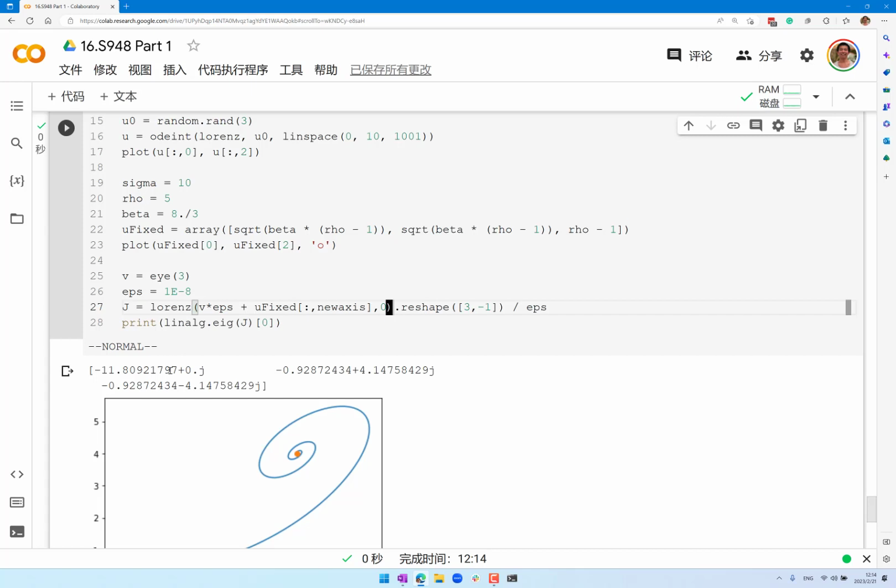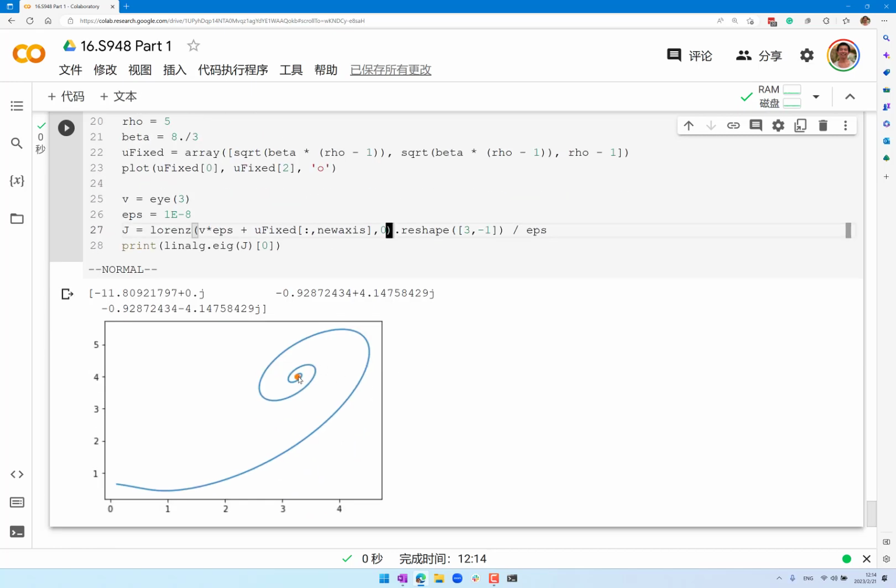Okay, as expected, one of the eigenvalues is negative and real, and the 2 remaining eigenvalues have negative real part and are a complex pair of conjugates, right? So that is the dynamics around this fixed point when the fixed point at 0 now becomes unstable.